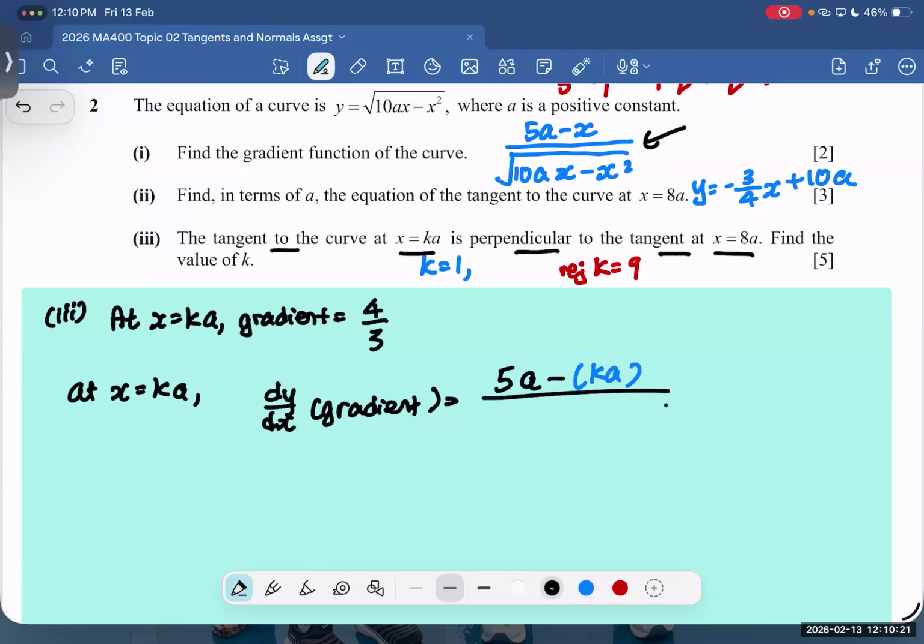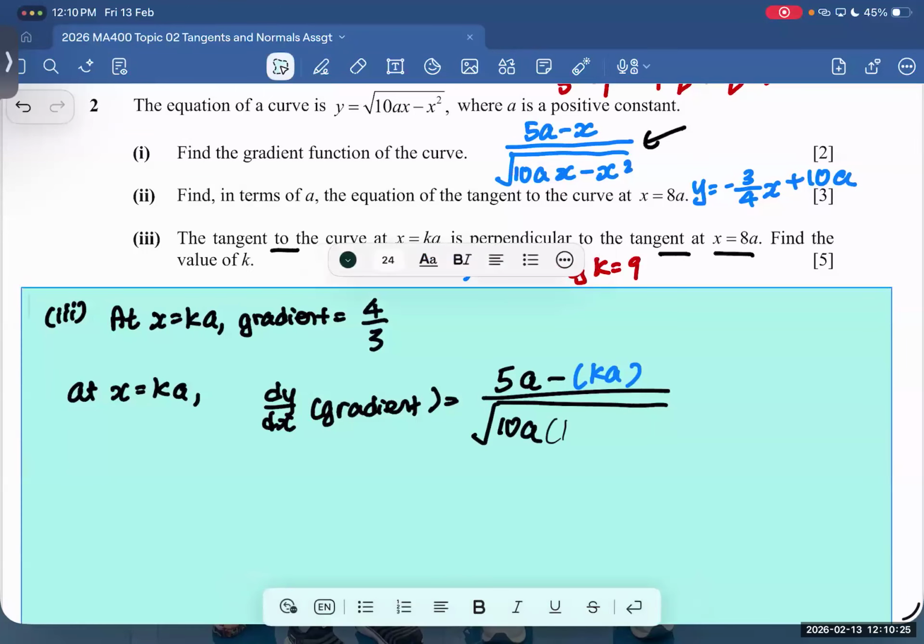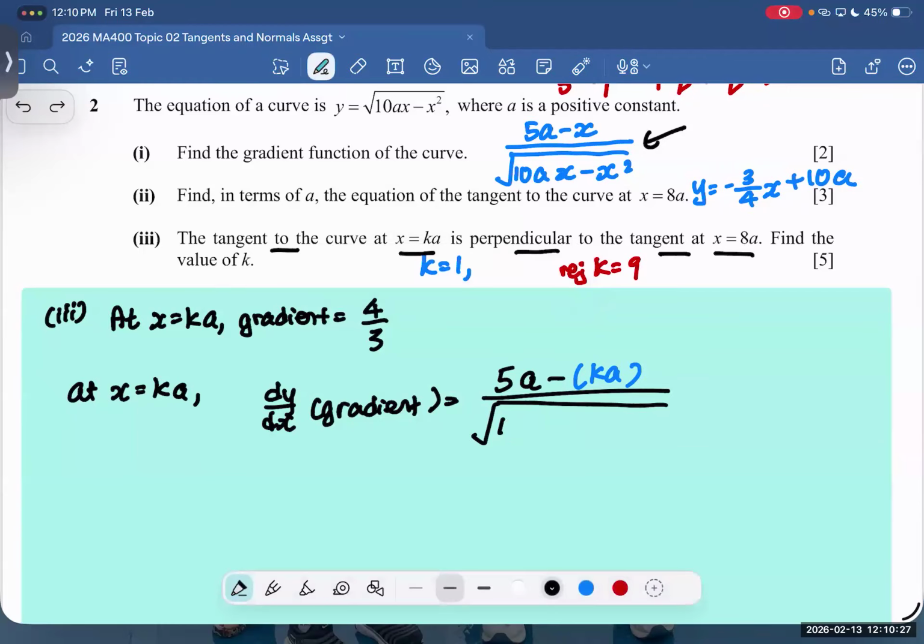Right? I'm writing the same thing in two different ways. 10a or Ka. Minus x squared is Ka squared.